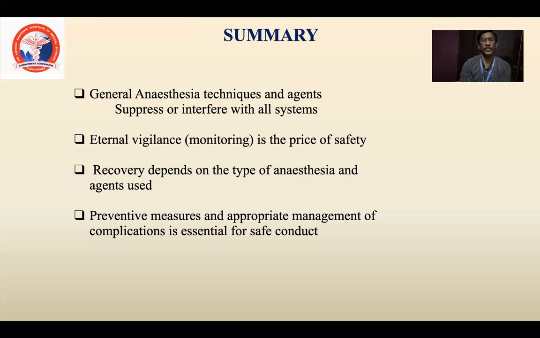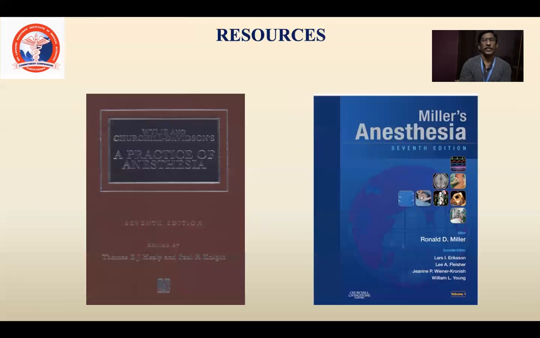They may have drowsiness. Then we have to apply preventive measures, and appropriate management of complications is essential for safe conduct. For the safe conduct, we should know all these things. These are all the resources: Anesthesia by Whaley and Anesthesia by Miller.